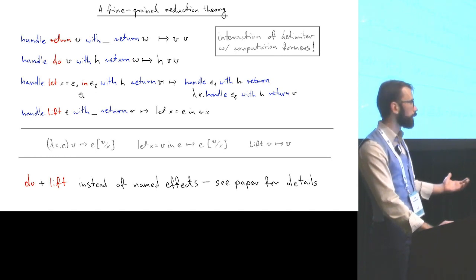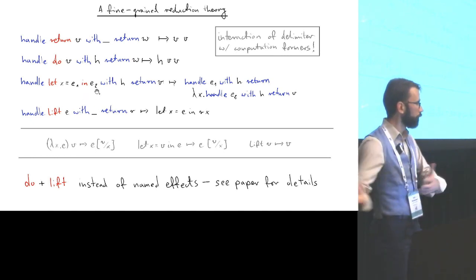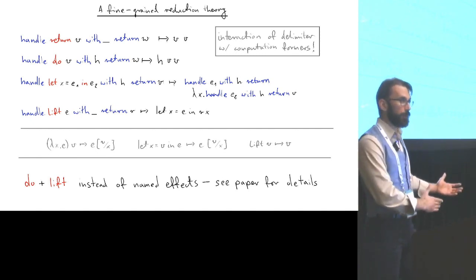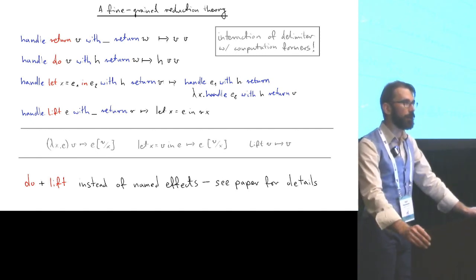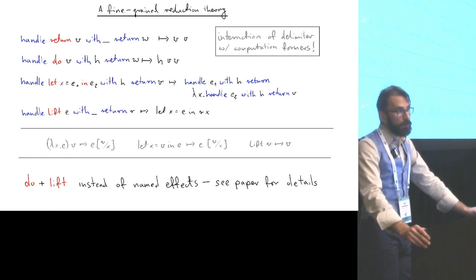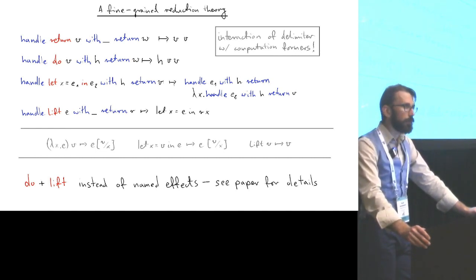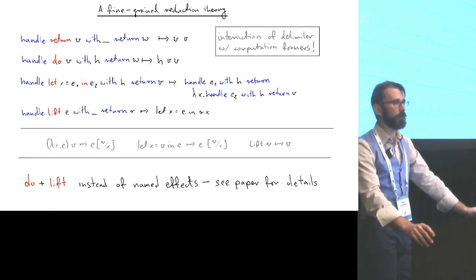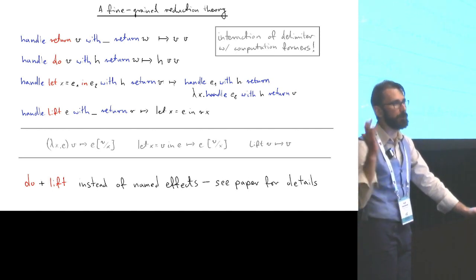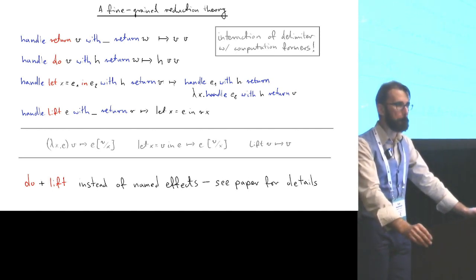E1 could be a value, in which case the handler should be used for the continuation of the let, or there could be an operation just in E1, and in that case, it shouldn't be followed. So I don't have a clear idea how to do this. I think there are some possibilities that are similar, but not necessarily quite like that. But nothing set in stone for now. Thank you.